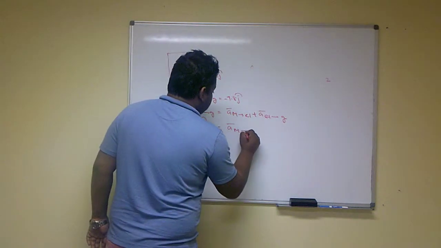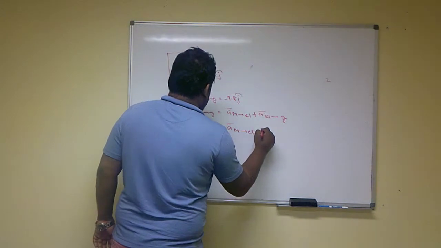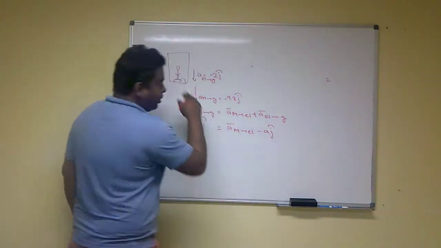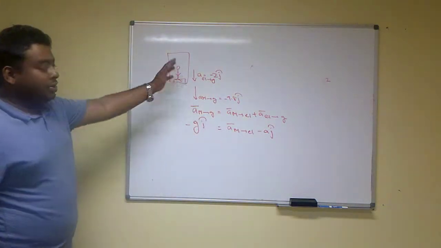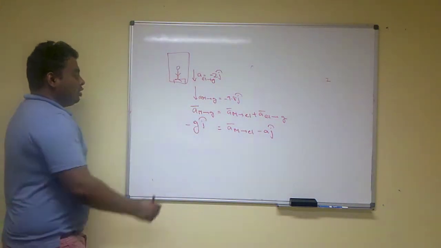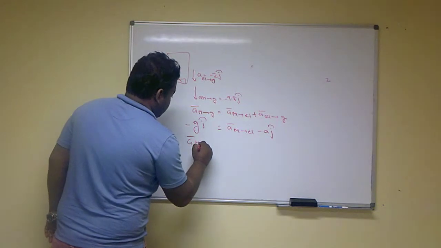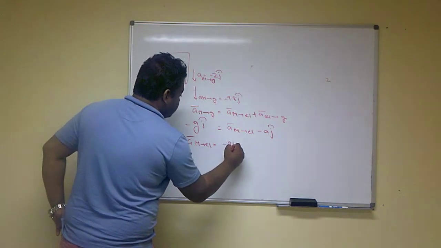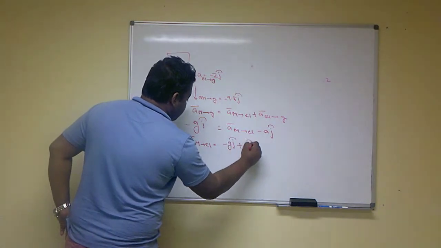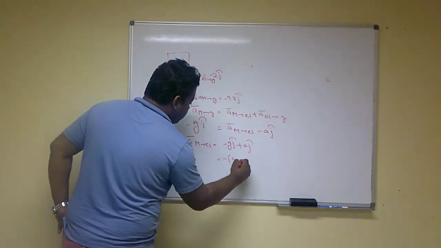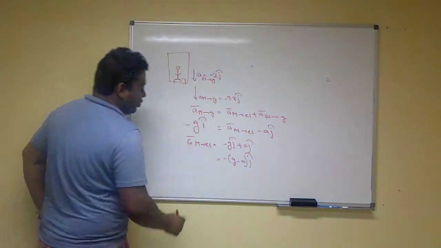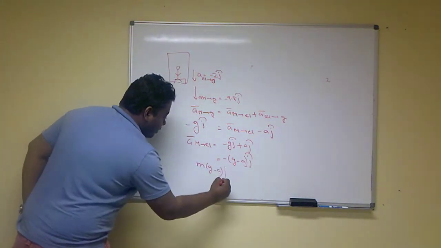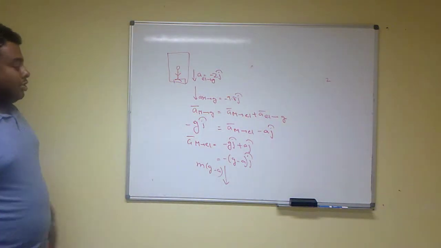Acceleration of elevator is minus a times j cap, because I'm assuming that a is 2 right now. So acceleration of man with respect to elevator will become minus g j cap plus a j cap, or minus (g minus a) j cap. So in order to get the force, you will put m times (g minus a) in the downward direction for this particular man.